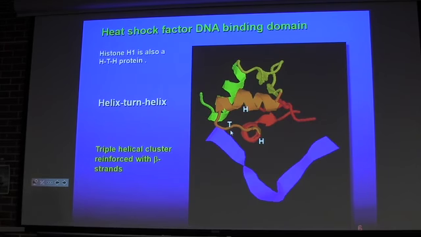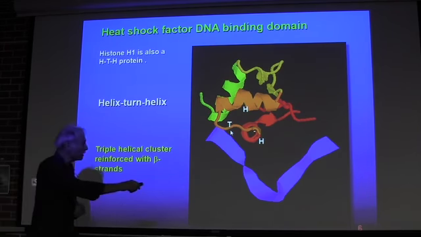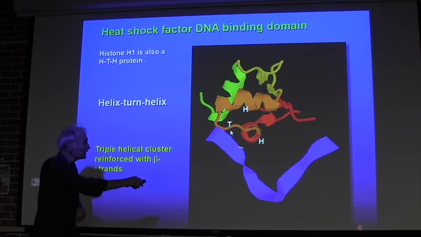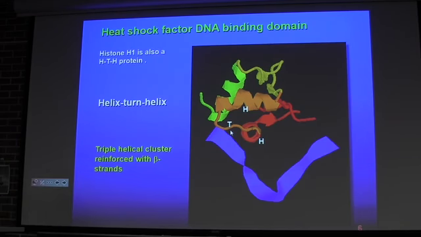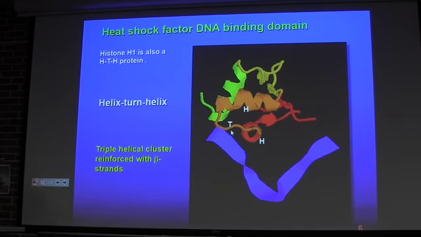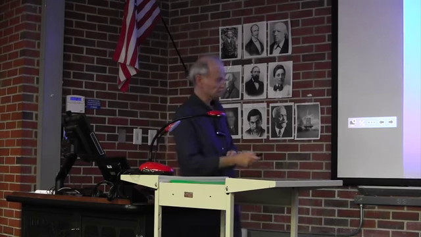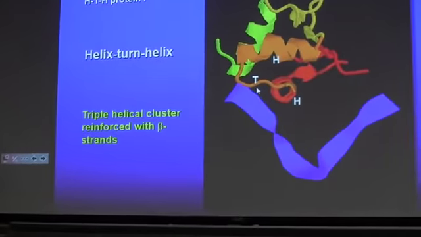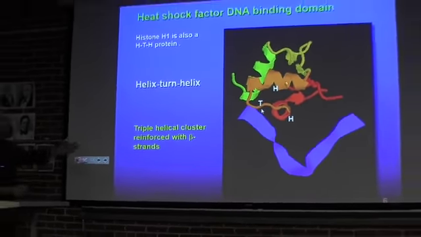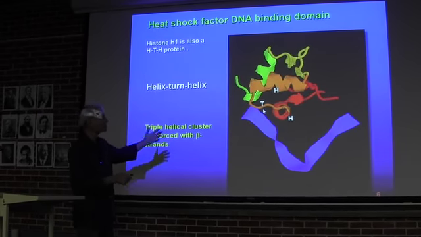So the base specific contacts are embedded in this helix. And of course, it is not opening the DNA to read the bases. It is able to read the bases by looking at the edge of the DNA. It knows what the edge of an AT pair looks like. So that's kind of cool. So helix, turn, helix. Be able to recognize this structure.